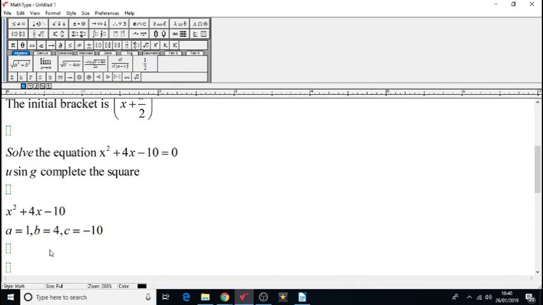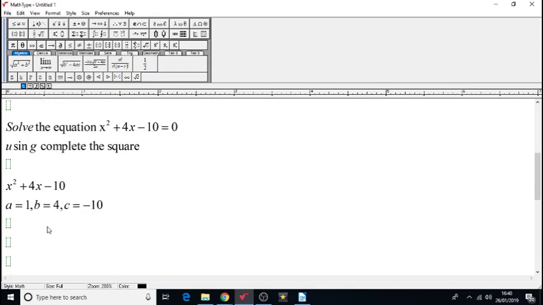Therefore, you'd need the values of a, b, and c to solve it by putting them into the quadratic formula. If you want to know how to solve quadratic equations by using the quadratic formula, watch my previous video on solving quadratic equations using the quadratic formula. So let's move forward with this question.